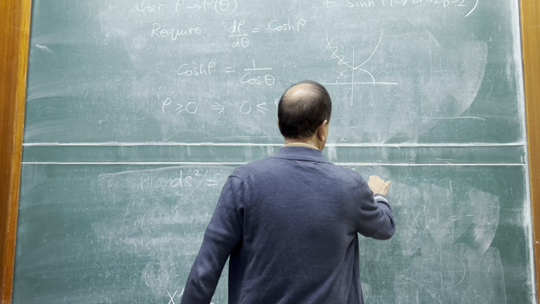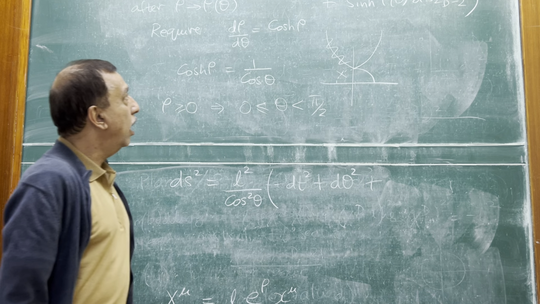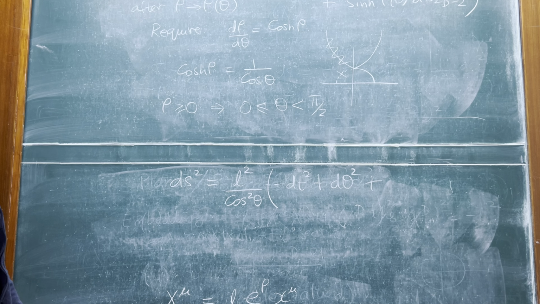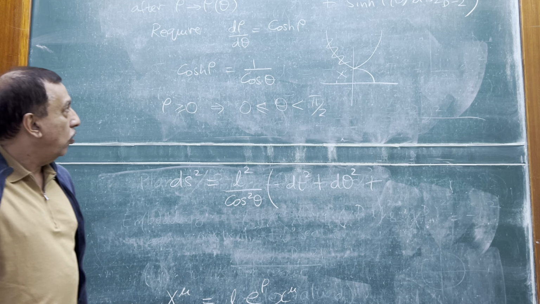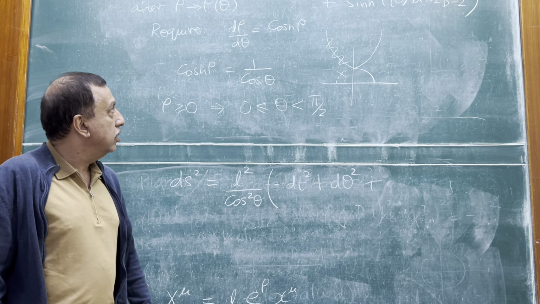Now in the last place, we had sinh squared rho, and we are taking out cosh squared rho. So inside it is tanh squared, which I believe goes to sine, so we get sine squared theta. This is a little exercise you'll have to do.